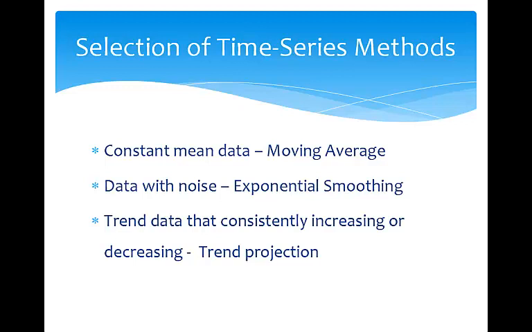If the data is constant mean data, then it's better to use the moving average method. The exponential smoothing technique is used to smooth out the noise in data. Trend projection, as its name suggests, is good for trend data that is constantly increasing or decreasing.